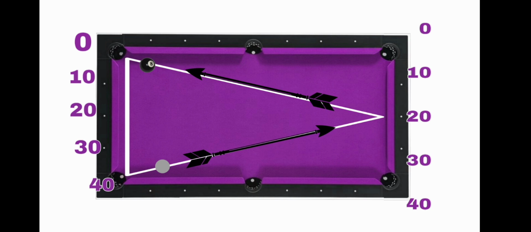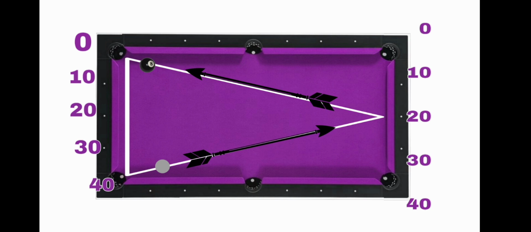So if our incident ray is coming from the 40 diamond, and that's where we want to shoot our cue ball from, and we want it to bank off the other side so the 8 ball gets into the target pocket that's at 0, then we need to split it right down the middle.